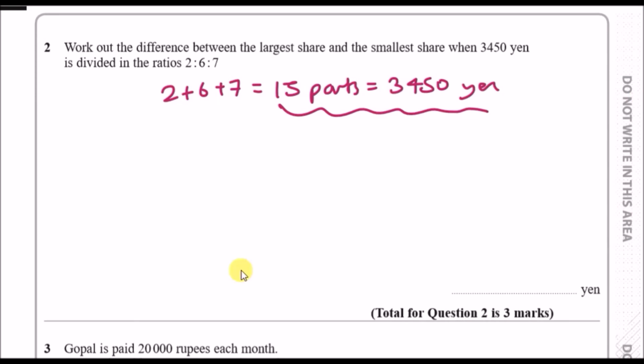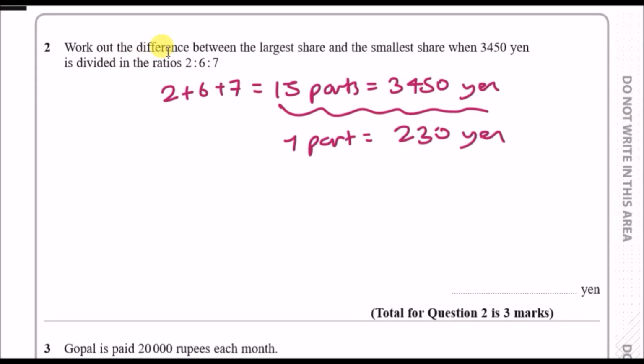Now all we have to ask ourselves is firstly, what is one part? Because it's always good to know one part. Well, one part is going to equal 3,450 divided by 15, and according to my calculator, it's 230 yen.